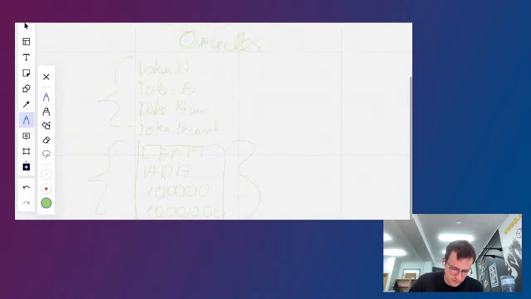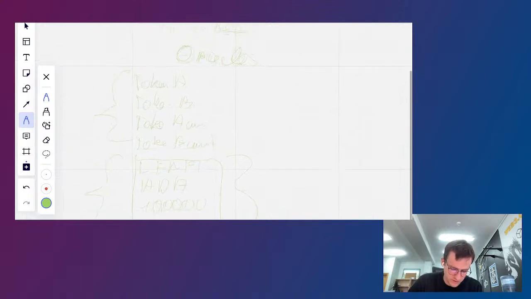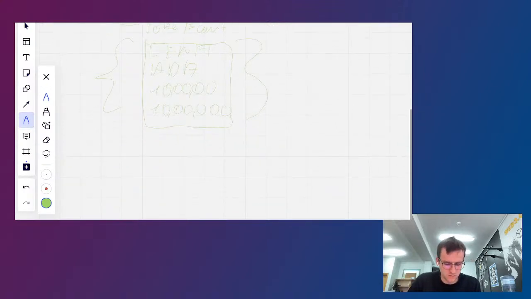If you would go to MinSwap, you would actually see there is a pool on the MinSwap DEX, and this DEX has this amount of Lenfi tokens and this amount of ADA tokens.